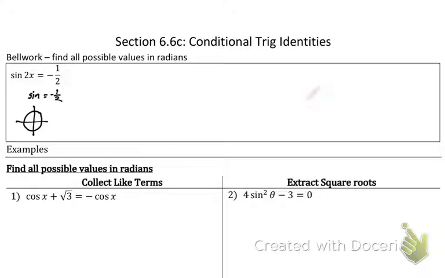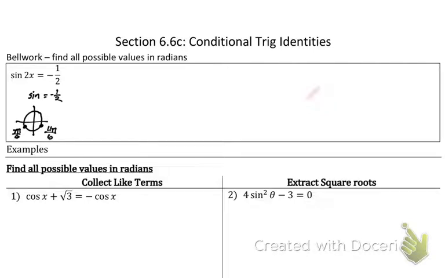So we should figure out where it's -1/2. It's going to equal -1/2 here and here, which would end up being 7 pi over 6 and 11 pi over 6.